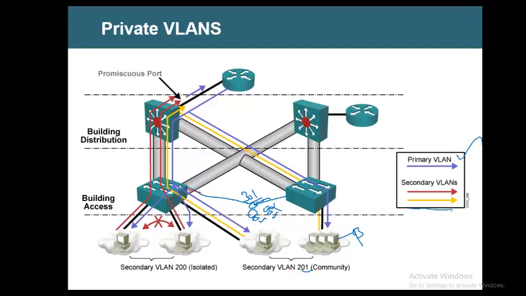So this is another, third one, which is 301, and this community is 201. All they need to do is go to Prometheus, and Prometheus will route them to the router, and the router will route from one broadcast domain to another. It's the same as inter-VLAN routing.